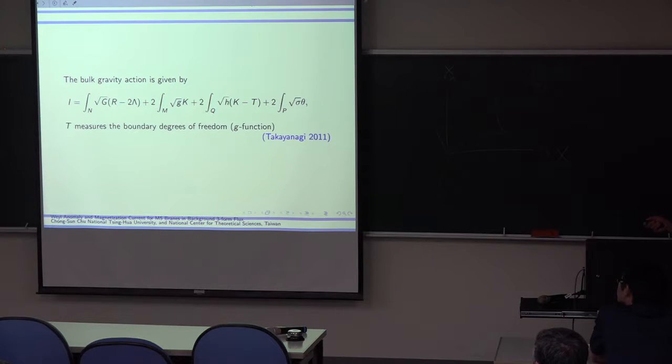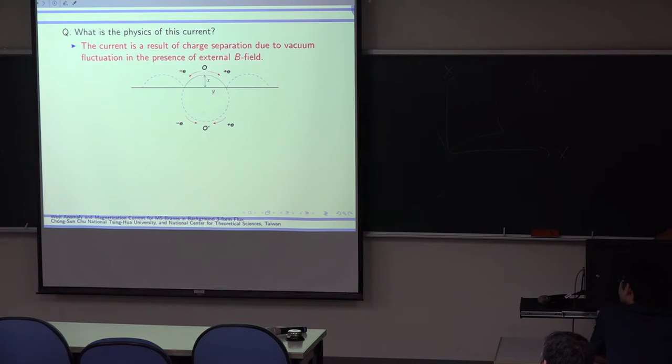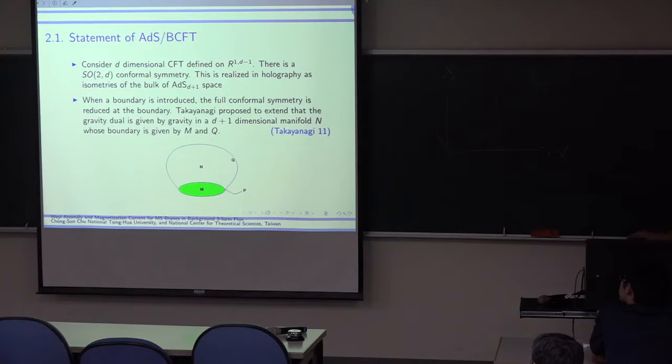So once you know Q, we just write down the standard Einstein action. Because N has a boundary, you have a Gibbons-Hawking boundary term, and because N has not just M as a boundary but also Q, you get also a Gibbons-Hawking boundary term on Q. And then, if you look at this picture, this Q and this M don't join smoothly in general.